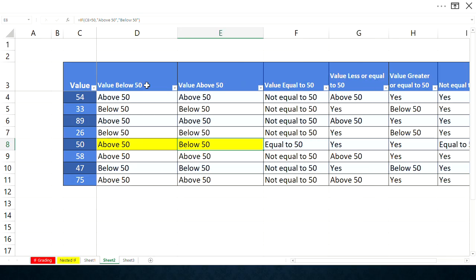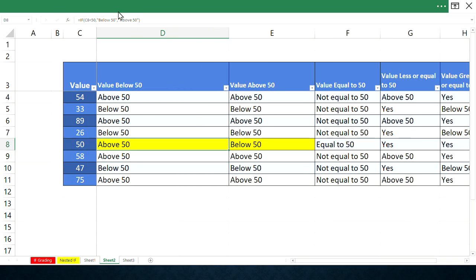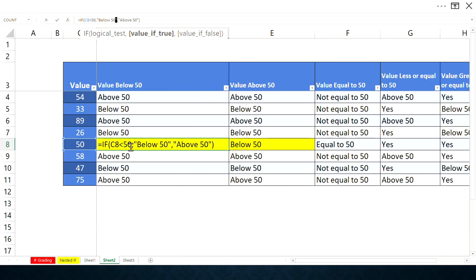So the if function has to be modified to cater for this anomalous case. Because we are testing for values below 50, it results that 50 is above 50. So we have to modify this function to include another condition.